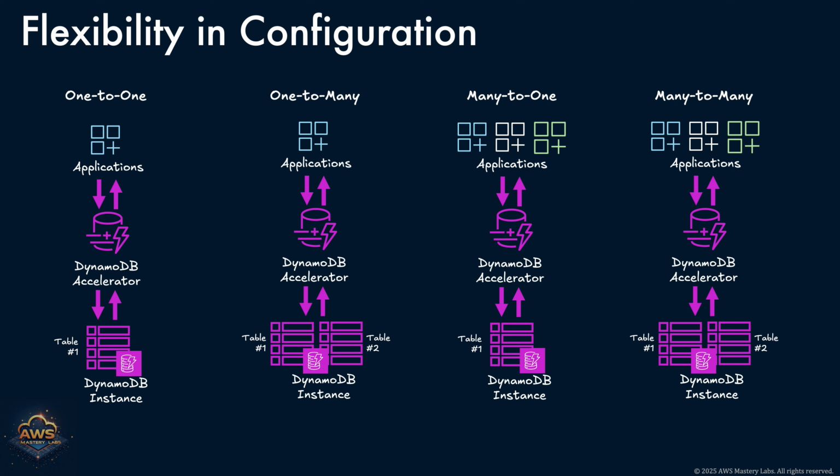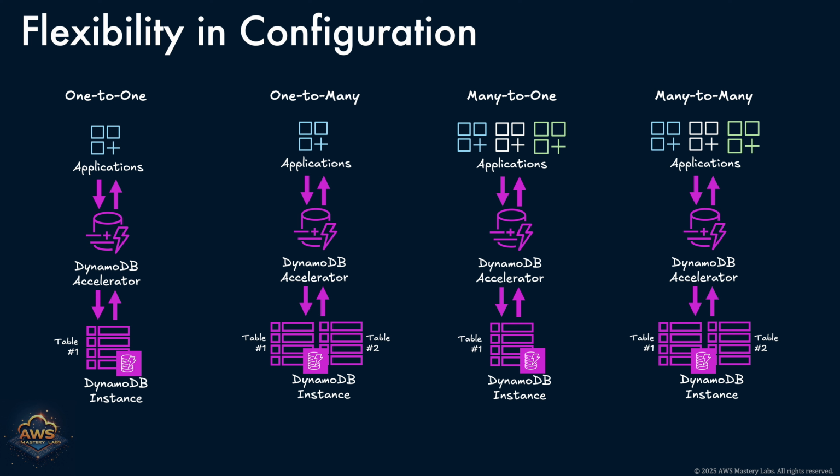In this scenario, a single application is integrated with a single DynamoDB table through one DAX cluster. This is the most straightforward setup and is ideal for isolated, purpose-built applications that manage a specific dataset. It offers simple caching logic, minimal configuration complexity, and is often used in microservices or single-tenant applications where the data model is tightly coupled to the application logic.